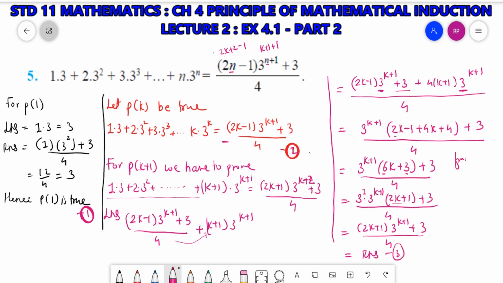So from 1, 2, and 3, according to principle of mathematical induction, P of n is true for every n belonging to N. Clear? So this was about question number 5. So just note it down.